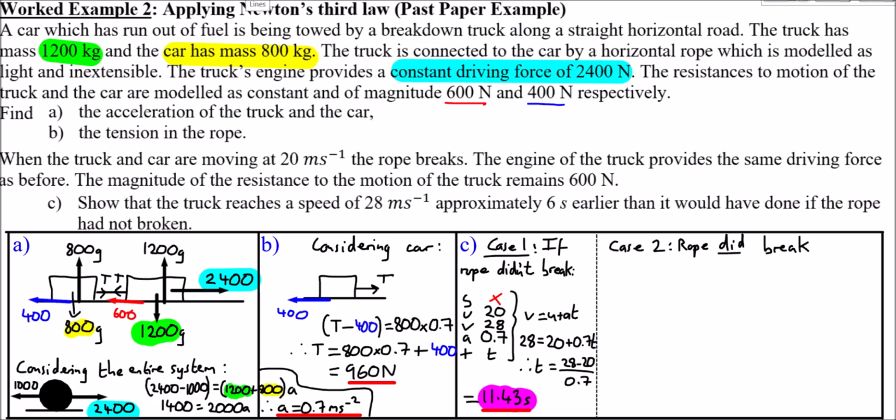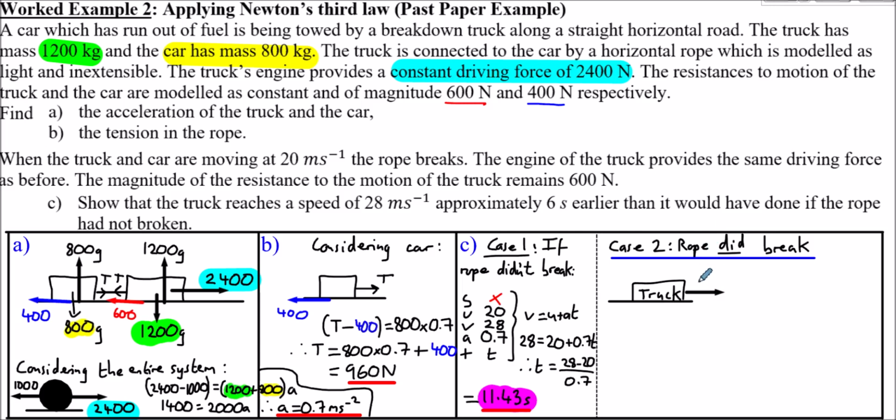Now because the rope breaks, this alters the situation with the truck. So if the rope broke, which of course it did, we're going to have the truck here. It says here that the driving force remains constant, so its driving force would still be 2,400, pushing it forwards.